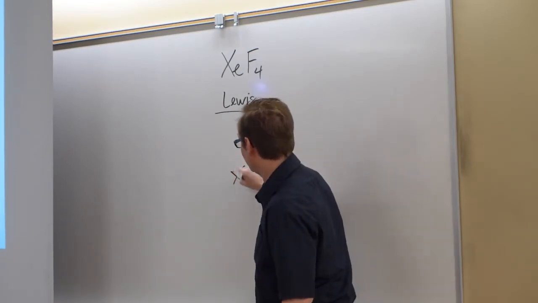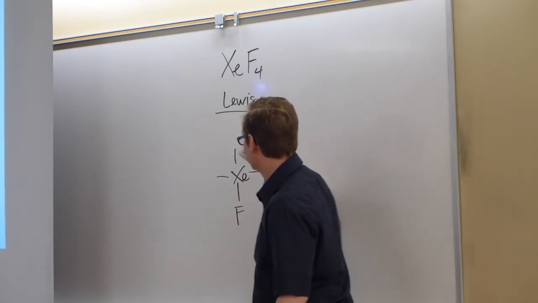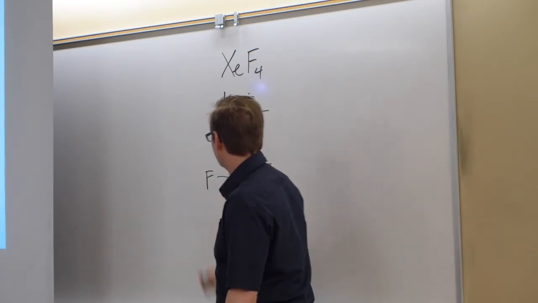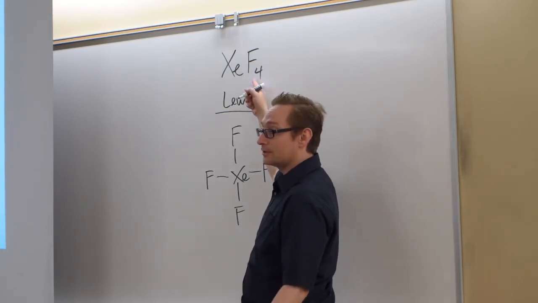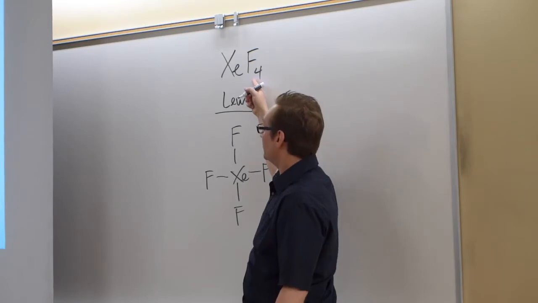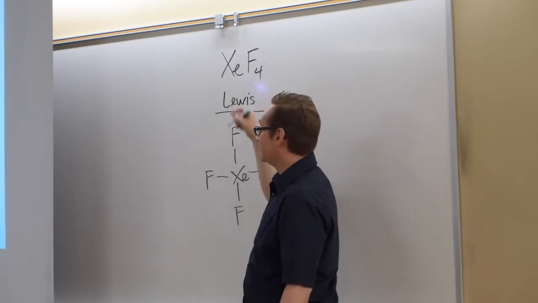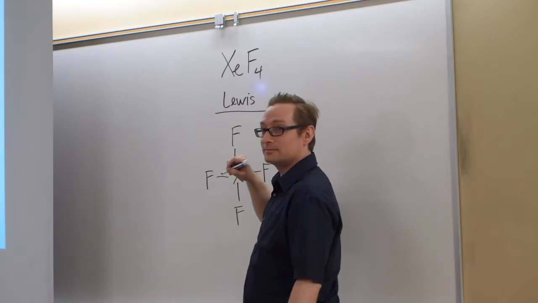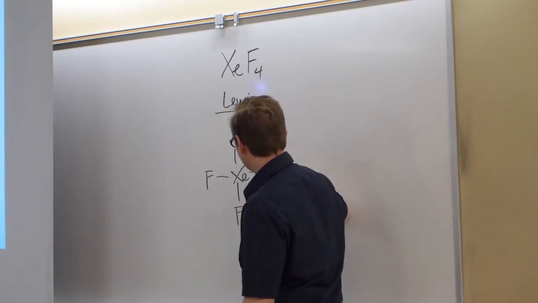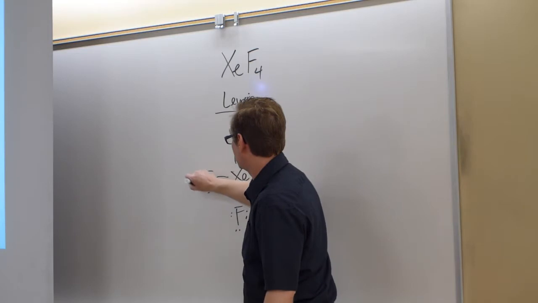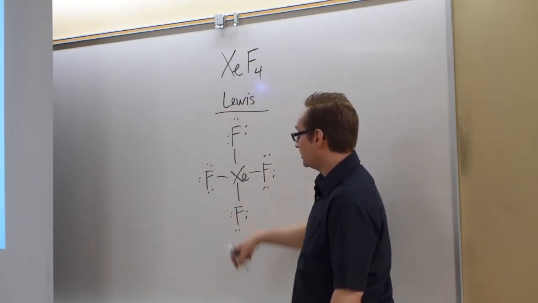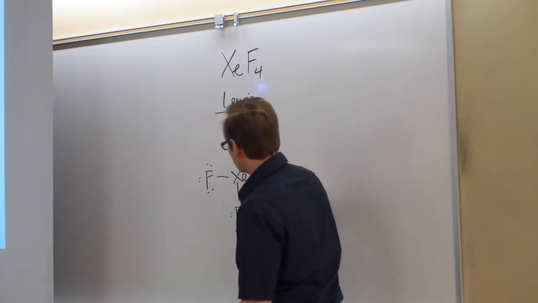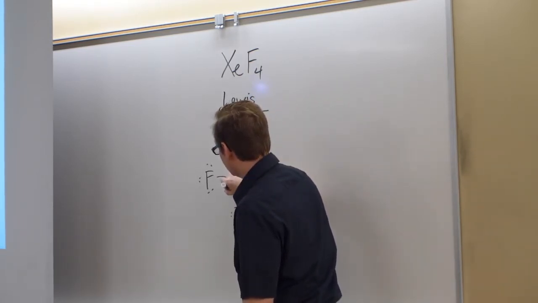Okay, so xenon in the middle, and you got these fluorines on the outside. I know I got 28 electrons from the fluorines, group 7, there's 4 of them. So 28 from here, plus another 8 from the xenon. So that's 36 total. I've used up 32 here, so I got to add 4 more. And those last 4 electrons must go on the xenon.